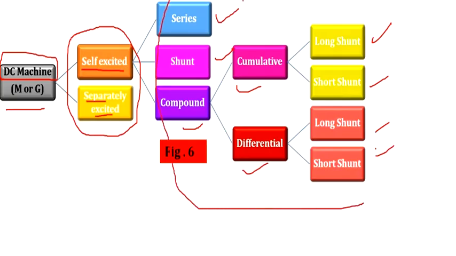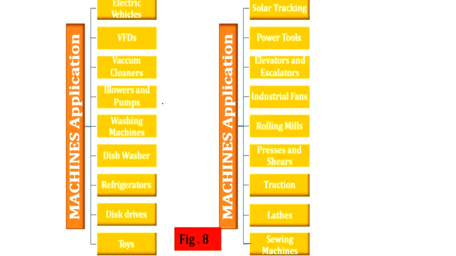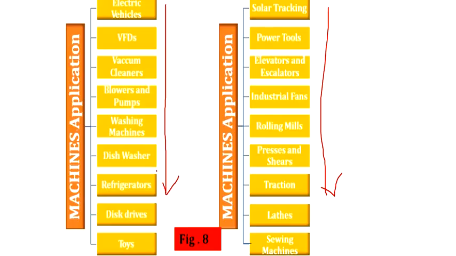Again, more discussion on all these types will be done later, since we are going to study all these in depth. In general, the applications of electrical machines are listed here, and also in the offline class, you guys have listed a lot of applications.